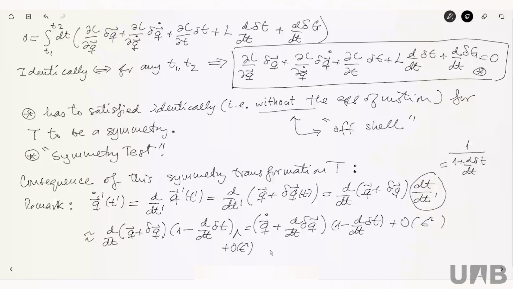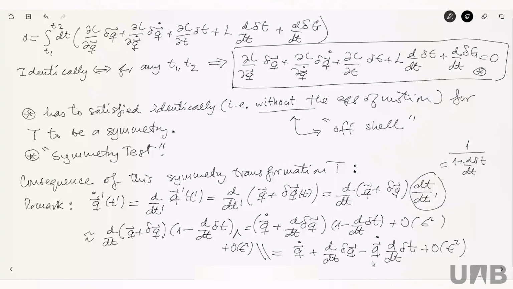now we multiply these two terms, okay, to first order. So that means that I have Q dot, plus the derivative with respect to time of delta Q, minus Q dot, derivative with respect to time of delta T, plus order epsilon squared. You agree?